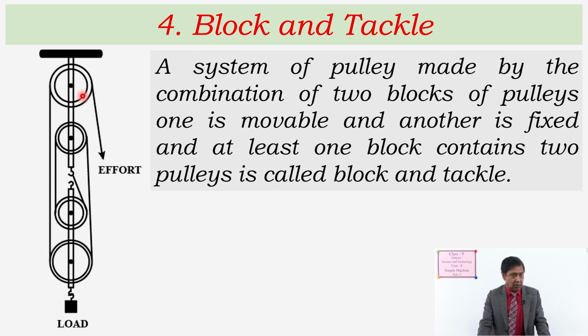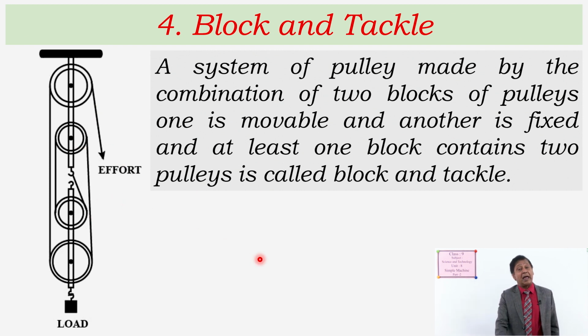It means we have two blocks and at least one of the blocks should contain two pulley, otherwise block and tackle doesn't form. Block and tackle might have 4 pulleys or 5 pulleys or 6 pulleys or 8 pulleys also. It depends upon how many pulleys are connected, but there must be 2 blocks.